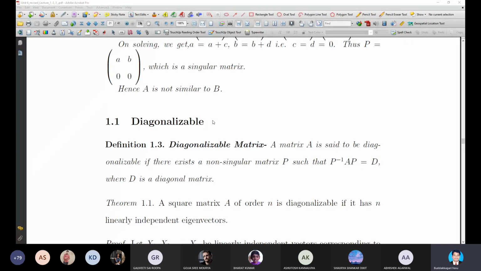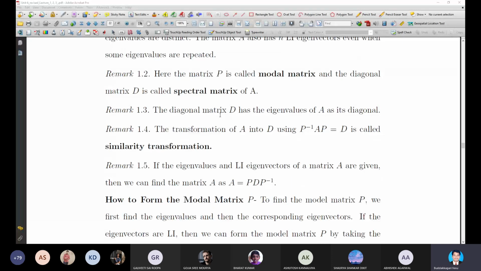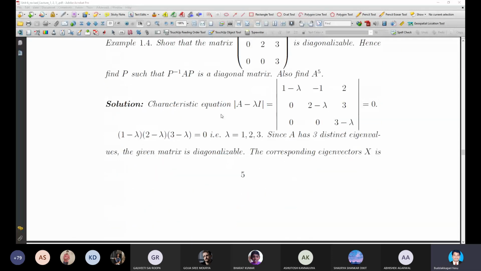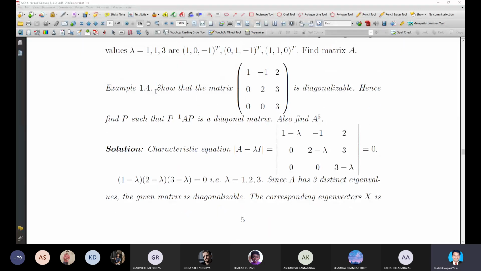I am just showing you one example. Show that the given matrix, 1, -1, 2, 0, 2, 3, 0, 0, 3, is diagonalizable. Hence find P such that P inverse AP is the diagonal matrix, and find A to the power 5.